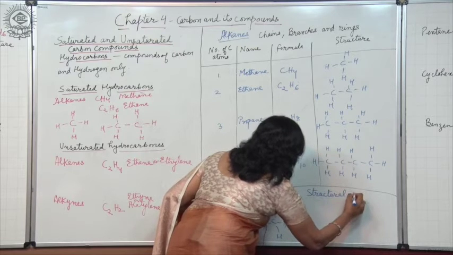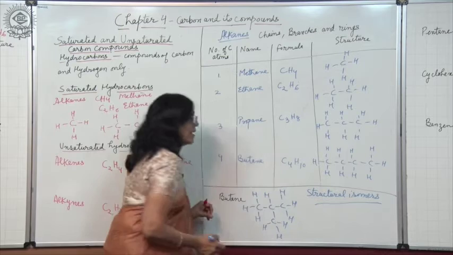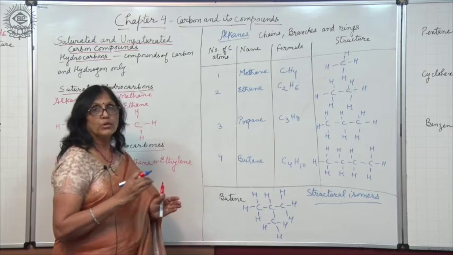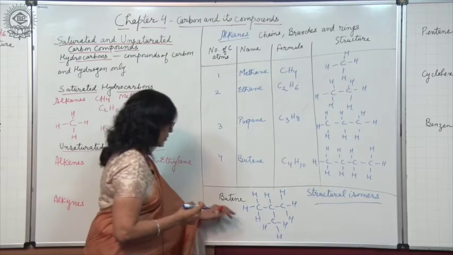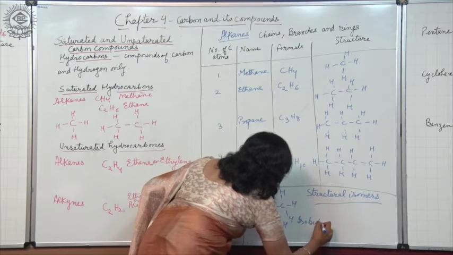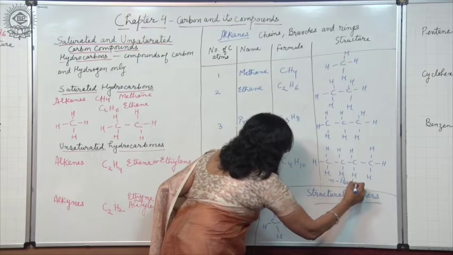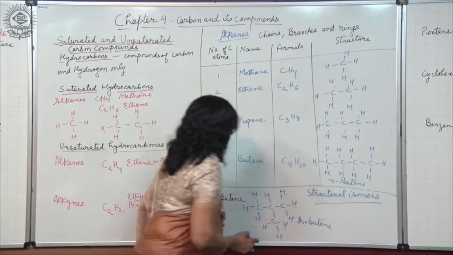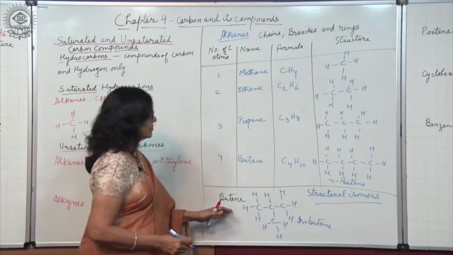Structural isomers have the same molecular formula, but different structural formulas. This is called isobutane, and this is called n-butane. So, there are two structural isomers of butane.